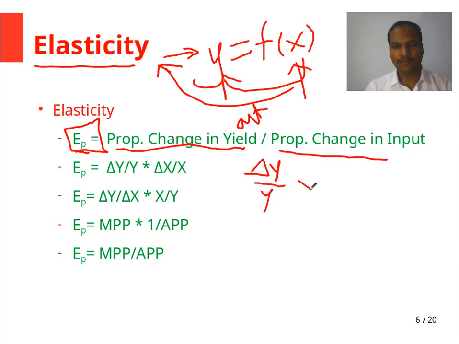For input, the proportionate change is delta x divided by x. So when this delta x comes here, we get this formula delta y by delta x, and this y goes up. So we get x into y.